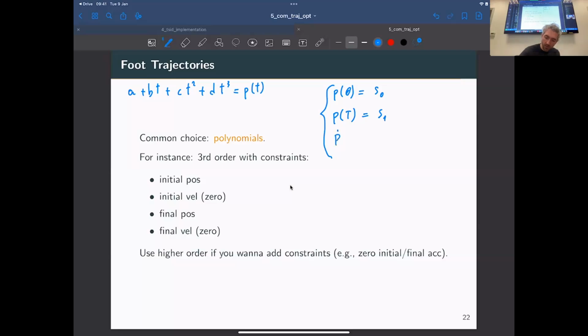And then I also need to say that p dot of 0 is equal to 0 because I start with a 0 velocity and I want to end with a 0 velocity. And p dot is very simple to compute. I simply need to compute the derivative of that polynomial, which is going to be the following one.